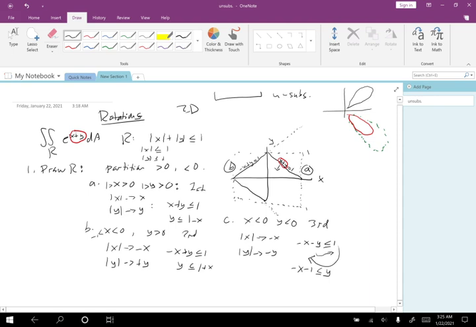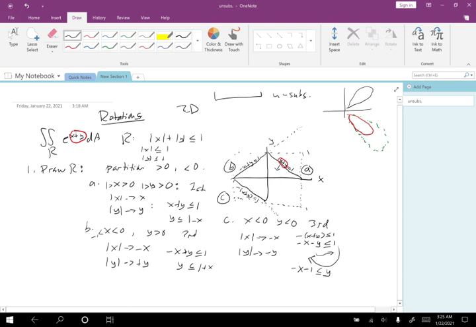The last thing I'm going to do is factor, because notice this is minus x plus y less than or equal to 1. So notice it's opposite in sign to the other one.